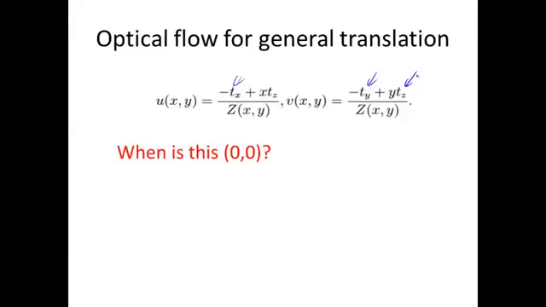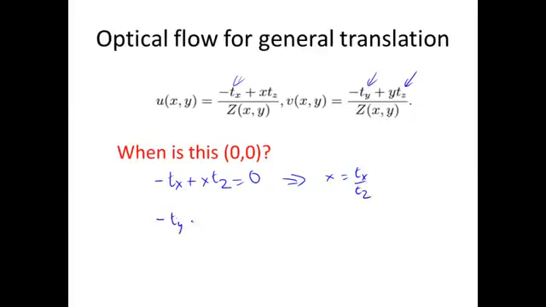In the previous case, the optical flow was 0 at the origin. In this case, the optical flow will be 0 at the following points. Let's figure out when the x component of optical flow is 0. Minus t sub x plus x t sub z equals 0. So therefore, x should be equal to t sub x upon t sub z.